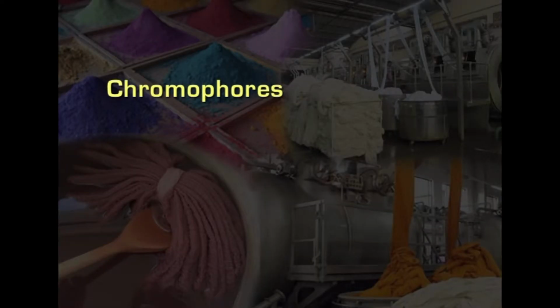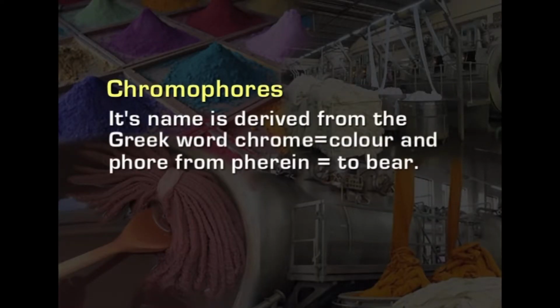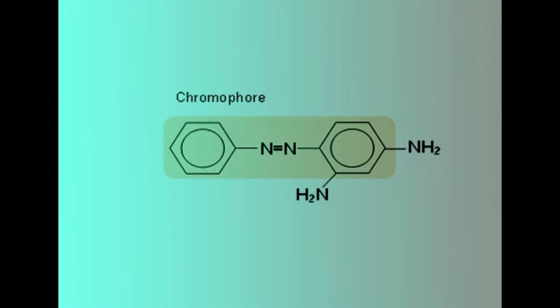Coming to the chromophores, the name is derived from the Greek words chroma, meaning color, and pherein, meaning to bear. These chromophores are unsaturated organic radicals. Their specific state of unsaturation enables them to absorb and reflect incident electromagnetic radiation within a very narrow band of visible light.